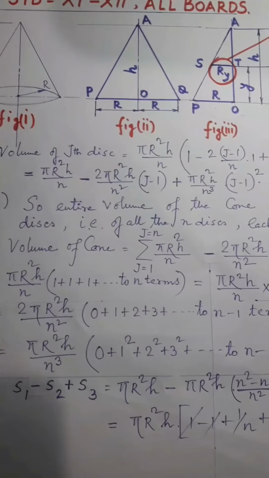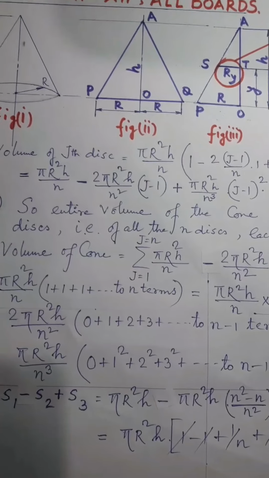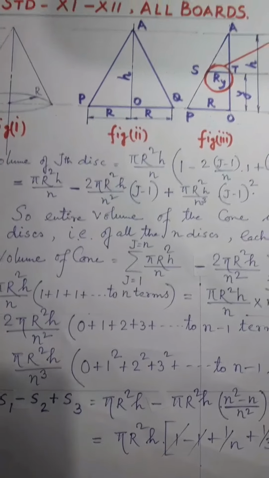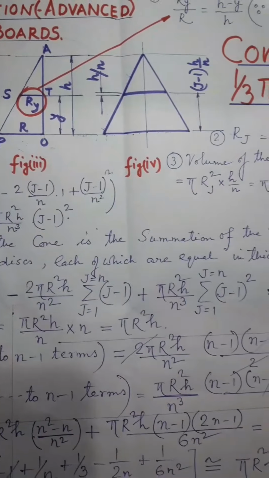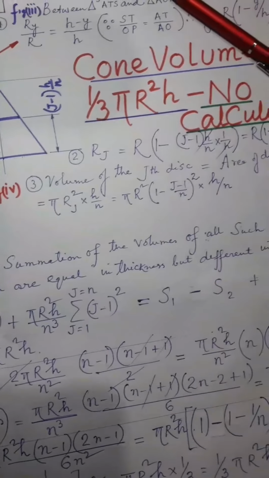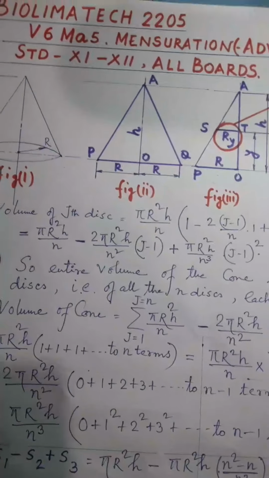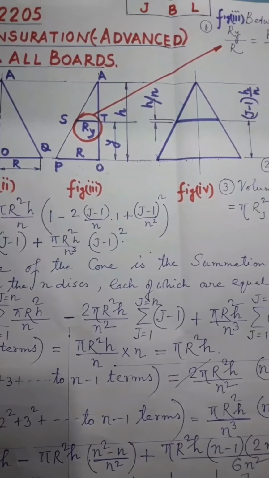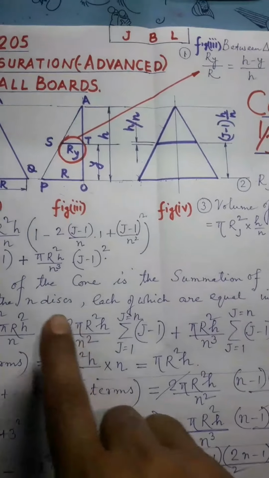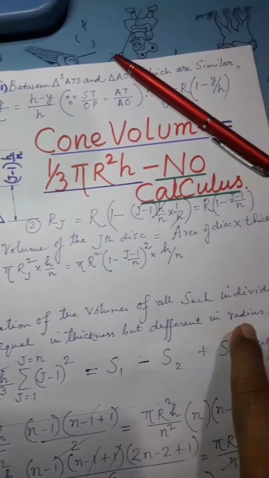So, having thus found out the volume of the jth disc, we conclude that the entire volume of the cone will be the summation of the volumes of all such individual discs, that is, of all the n discs comprising the entire cone, each of which are equal in thickness but differ in radii.